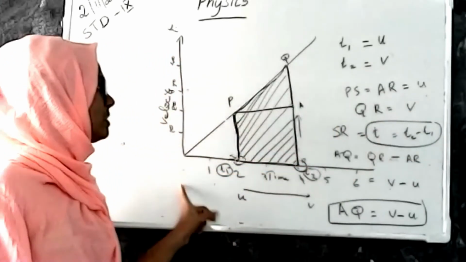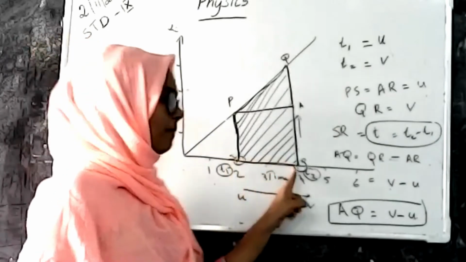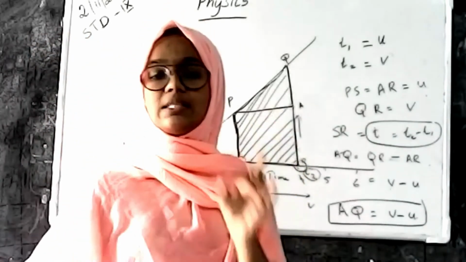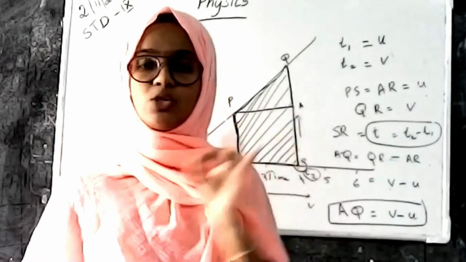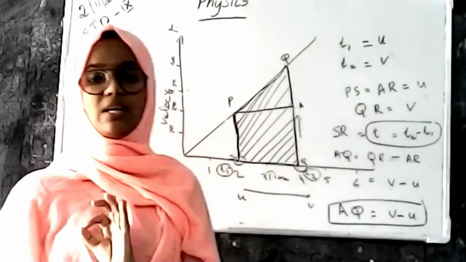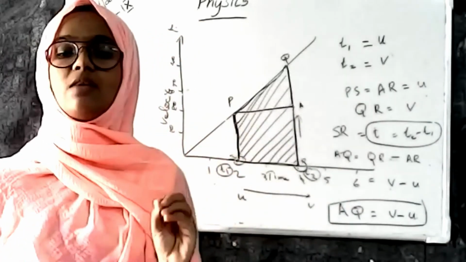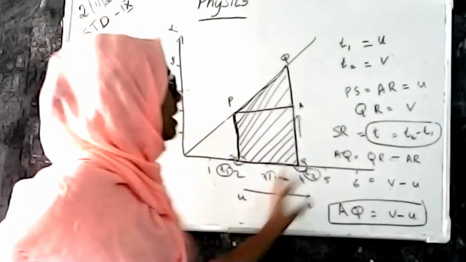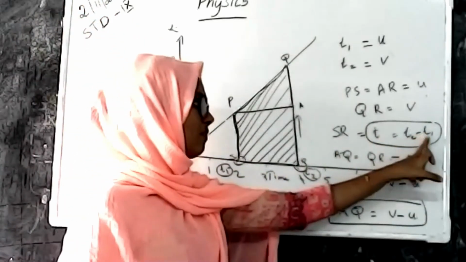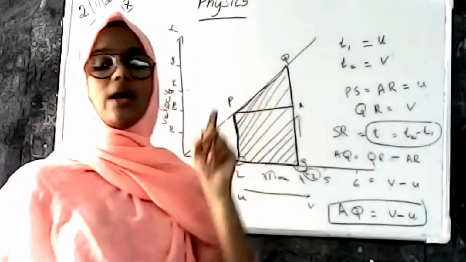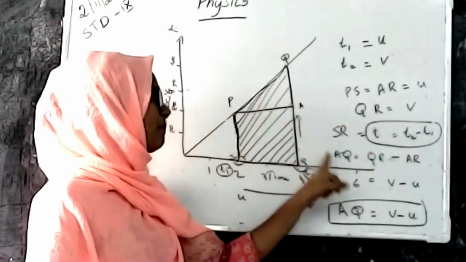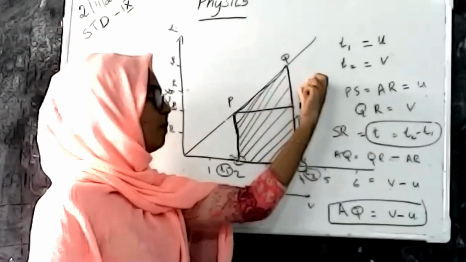And we have one more side, that is SR. SR is the time interval from T1 to T2, and the difference T2 minus T1 is equal to T. So SR is equal to T, that is T2 minus T1. And here is one more part of this trapezium, that is AQ, this small portion.